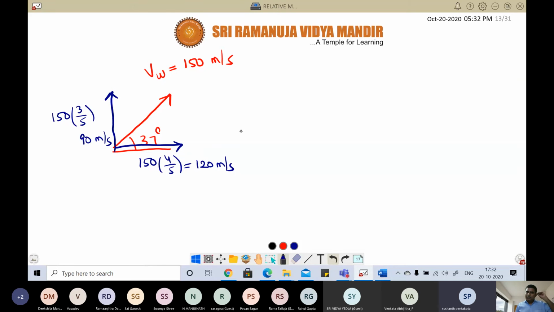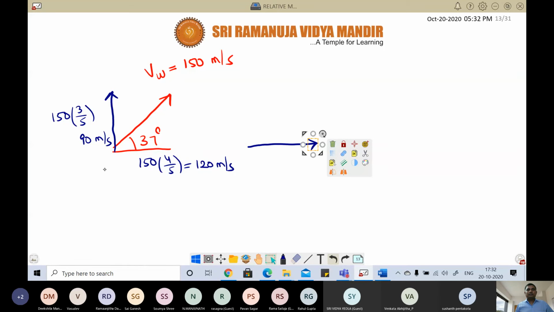Now I'll take only these components, that means the x component and y component. I'll take the x component and y component like this.